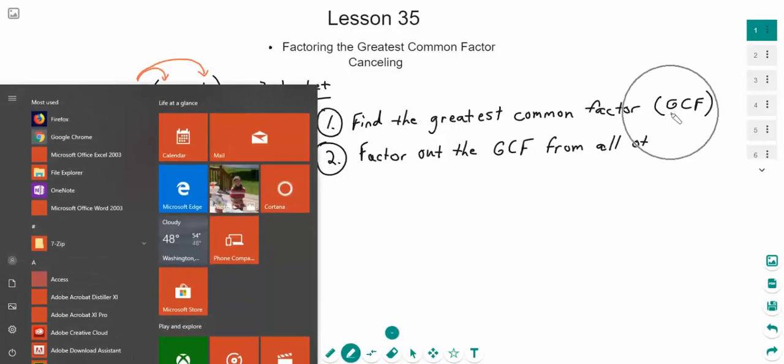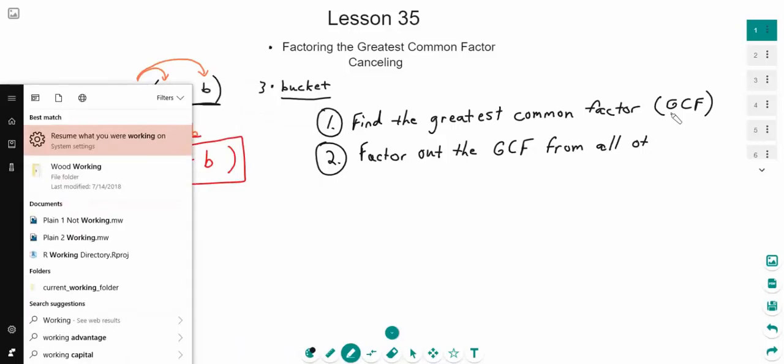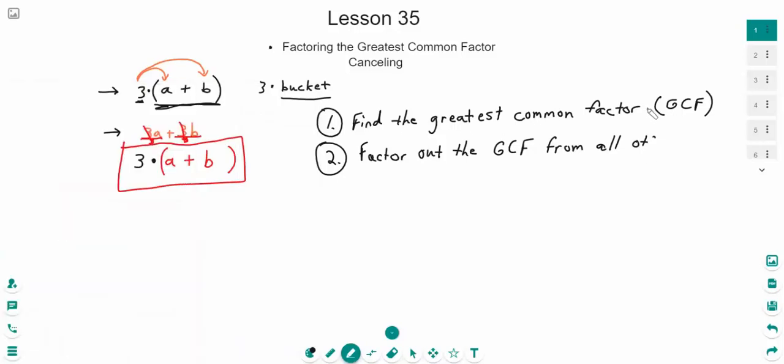And then maybe the third thing would be write the leftovers in parentheses.